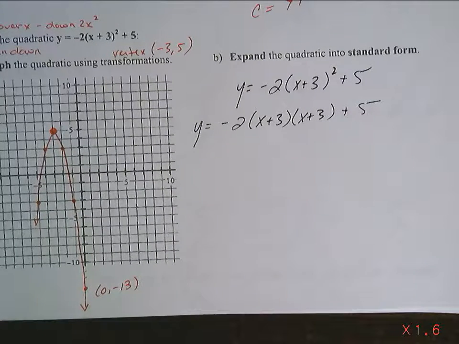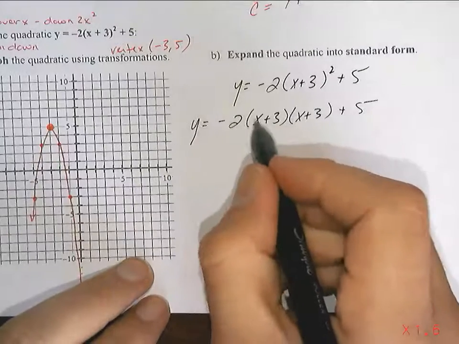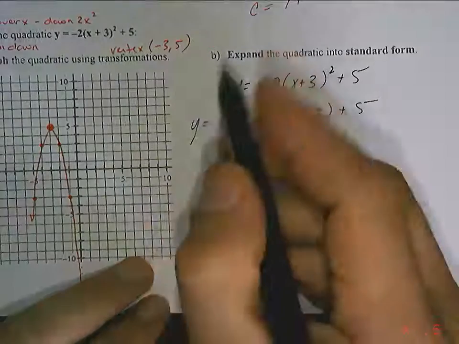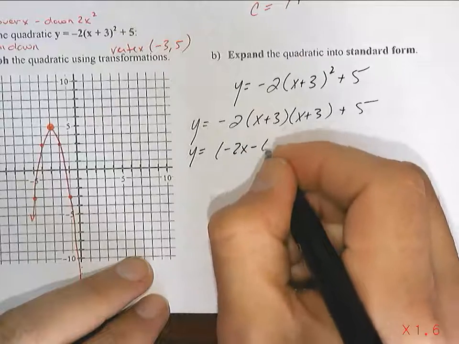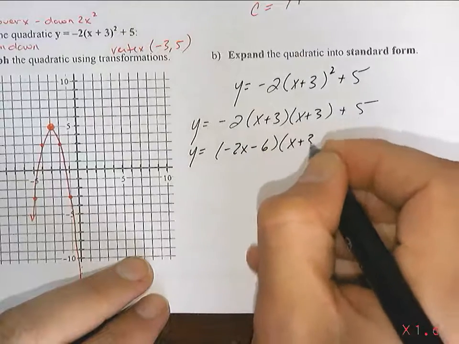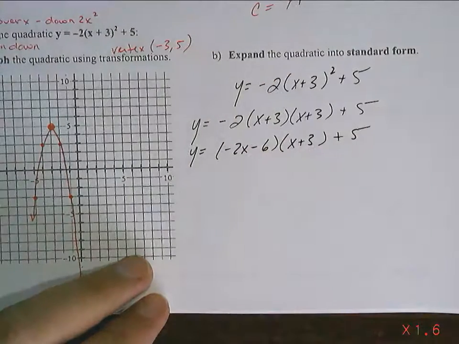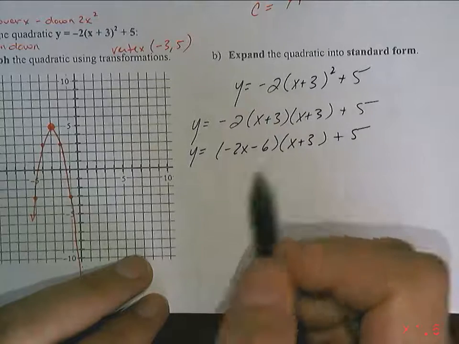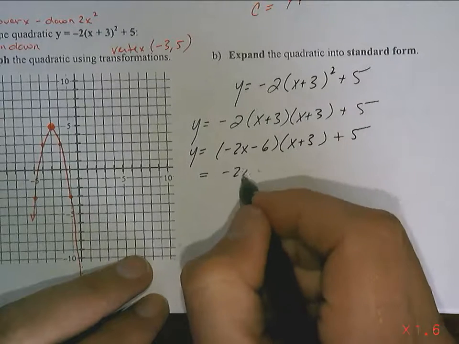That's probably what I'm going to suggest that you do most times. If you wish to take the negative 2 and make it negative 2x, negative 6 first, it would look like this. Negative 2x minus 6. And you know what? There's nothing wrong with doing it this way either. That's perfectly acceptable. And then we're going to expand these binomials. So negative 2x times x is negative 2x squared.